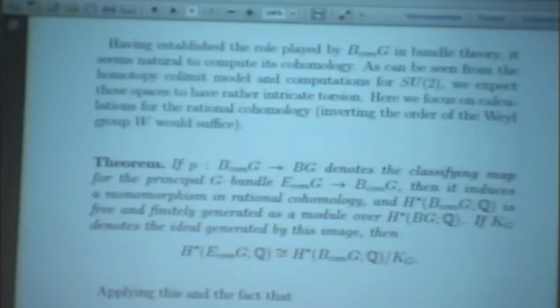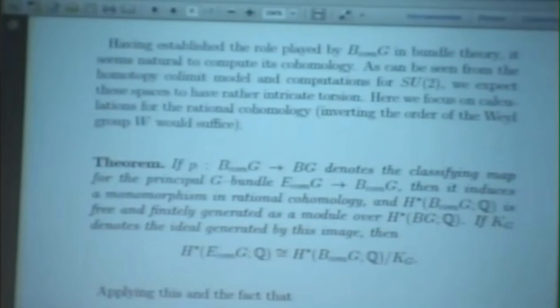And inverting the order of the Weyl group would suffice, but for purposes of this talk, we'll work over the rationals. Okay, so the first thing you note is that if we look at this map from BcomG to BG, which is a classifying map for this principal G-bundle, then it induces a monomorphism in rational cohomology.